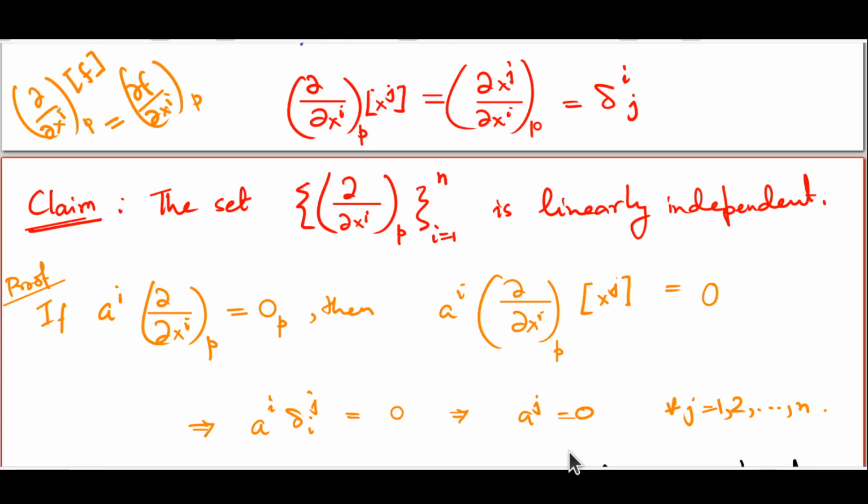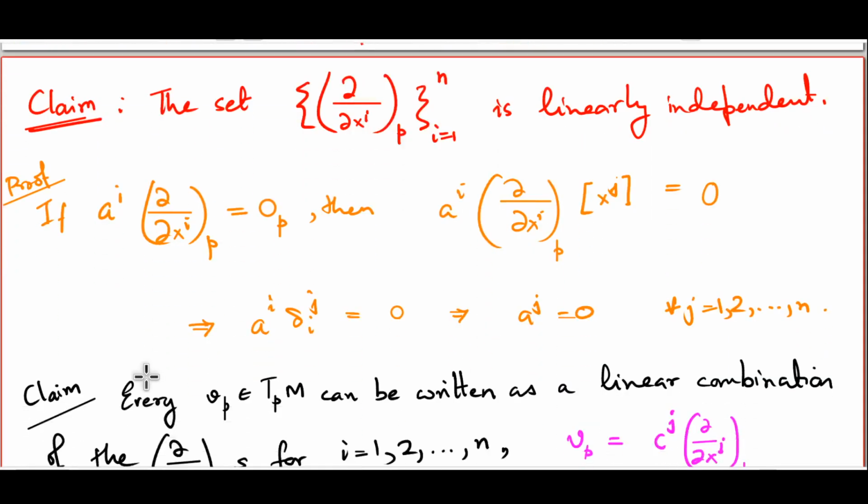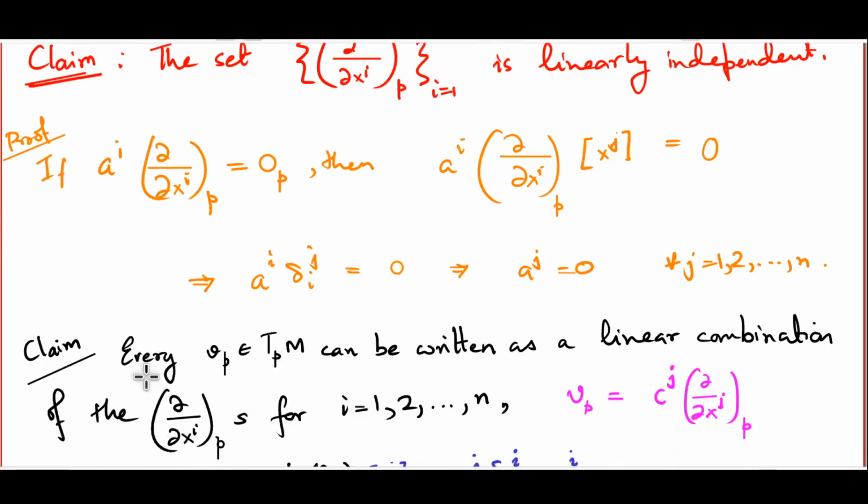In order to qualify as a basis, the next thing that you have to show is that this is a spanning set. That is, every element of T_pM can be written down as a linear combination of the ∂/∂x^i at p. So for every vector V_p belonging to T_pM, you have a bunch of real numbers c^1, c^2, c^3 up to c^n such that you can write V_p as a combination of the ∂/∂x^j's with c^j as coefficients.